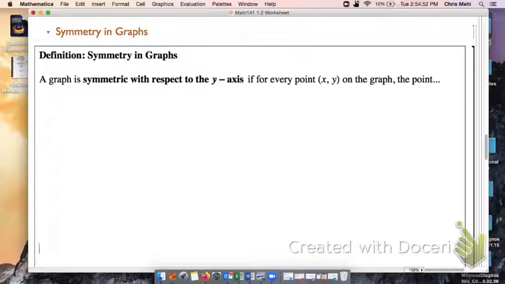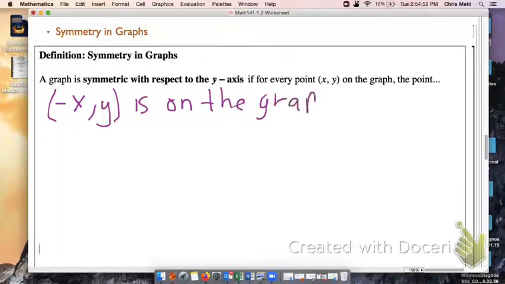Then in that case, the point minus x comma y has to also be on the graph. Okay.